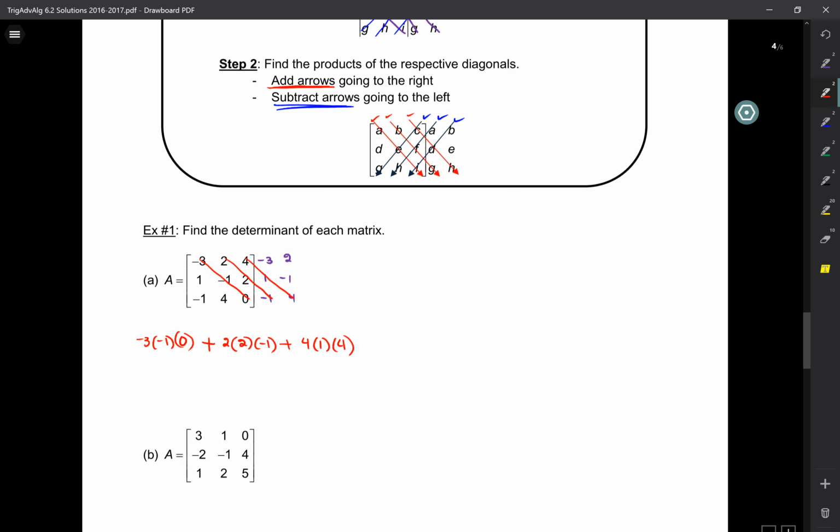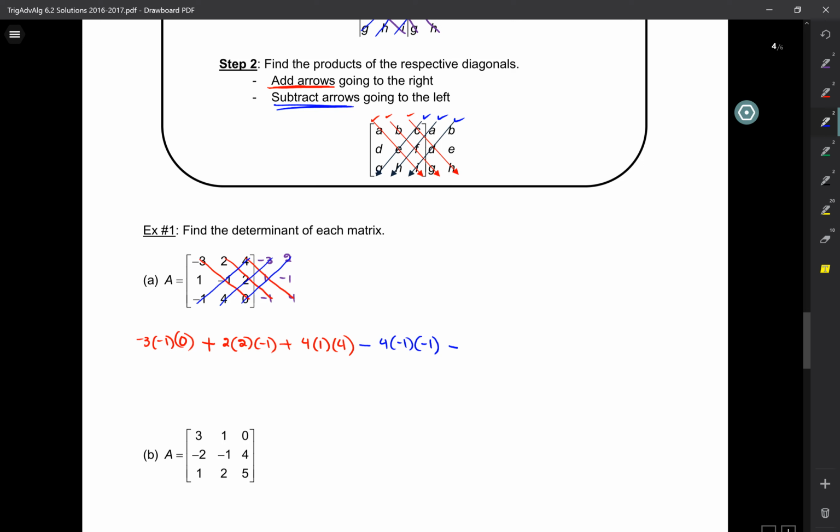Okay. Now I'm ready to do my other diagonals. 1, 2, 3. These ones, you're going to subtract though. So I do minus first, then I go to the matrix and multiply. What's on that first diagonal, the blue one? 4 times -1 times -1, right?